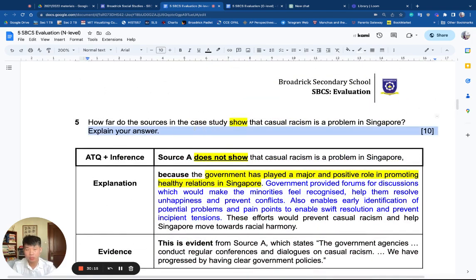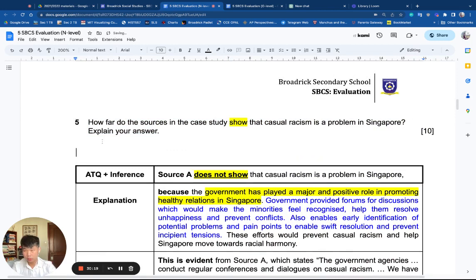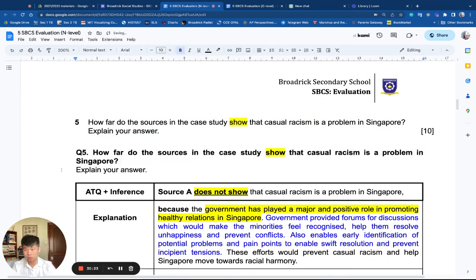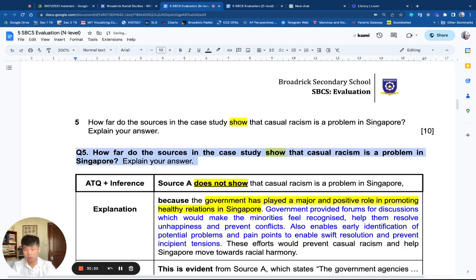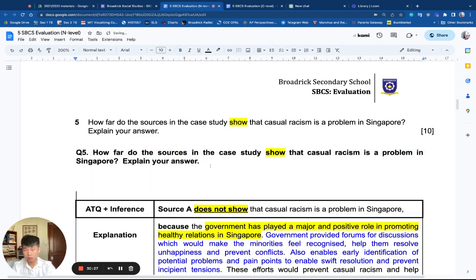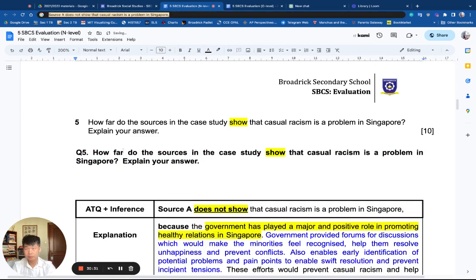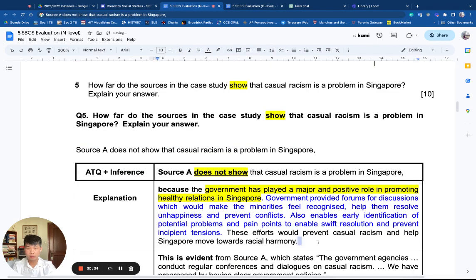So on foolscap, you would have this question. O level, please, you just follow your own question. Okay, it should be self-explanatory, what I want you to do. And then you would write the paragraphs as I have put here.